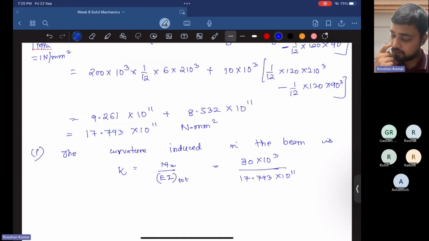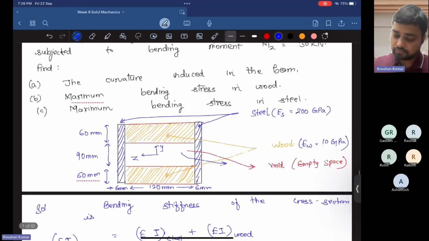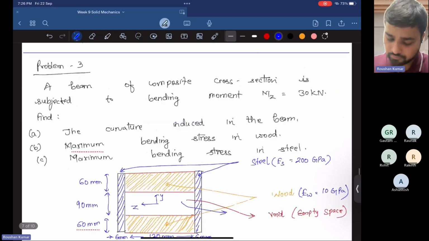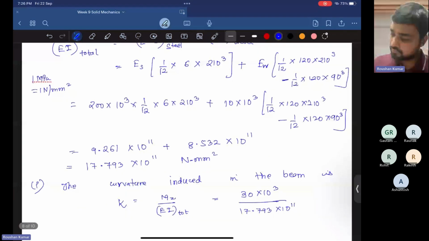So it finally becomes 1.686 into 10 to the power minus 8.